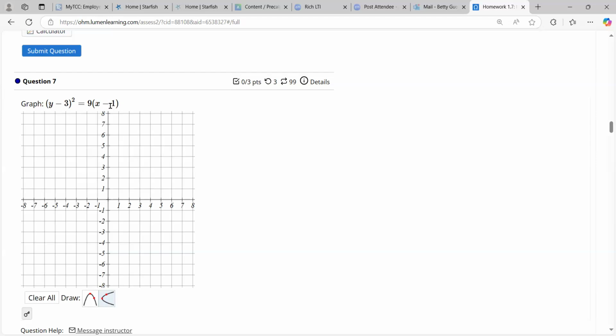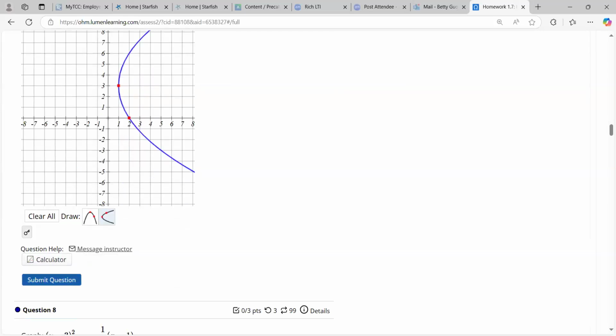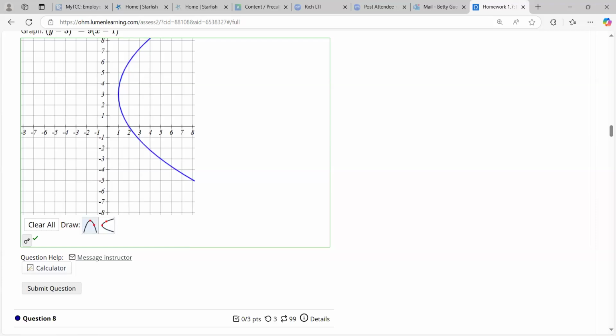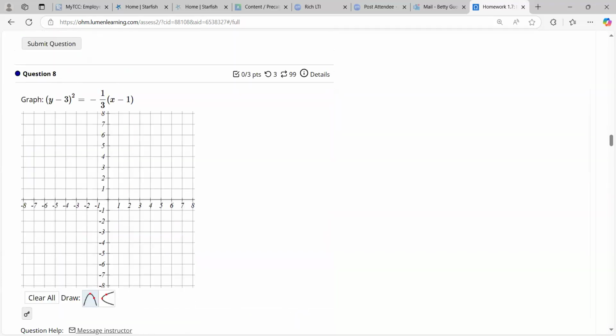The first component is the x-coordinate, the second component is the y-coordinate. So 1, 3 is right here. And then the x-intercept we got is 2, 0 right here. There we go. That's the problem we're looking for. Check. It is correct, right? You can do another one.